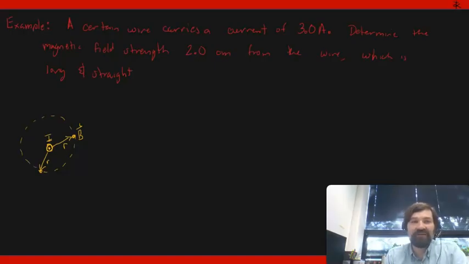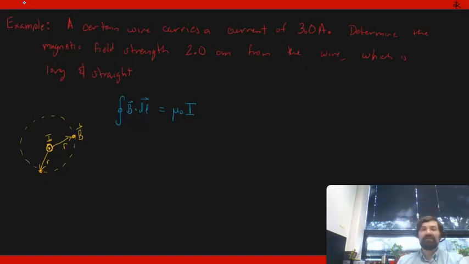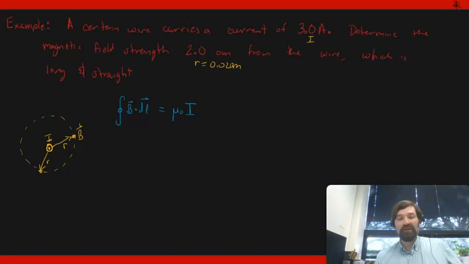But with Ampere's law, what we're doing is a path integral of B dot dl, and we know that that's going to be equal to mu naught times I enclosed, which in this case is just mu naught times I. So this up here, 3 amps, is I. R is 0.02 meters, or 0.020 meters. And what we have to do is integrate around this whole loop.